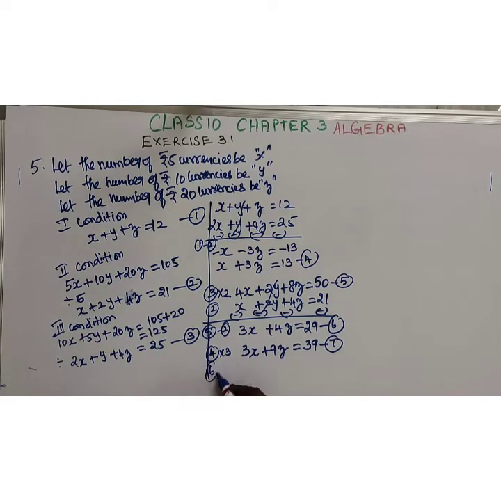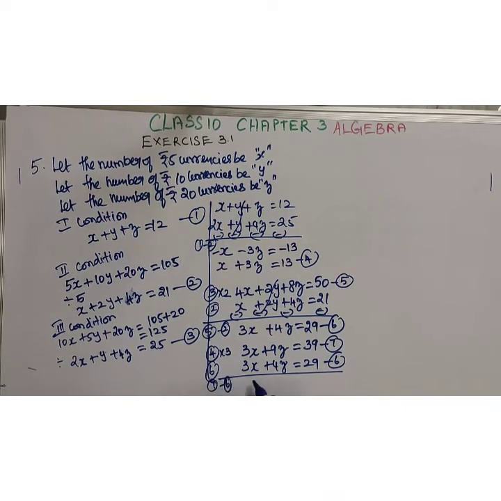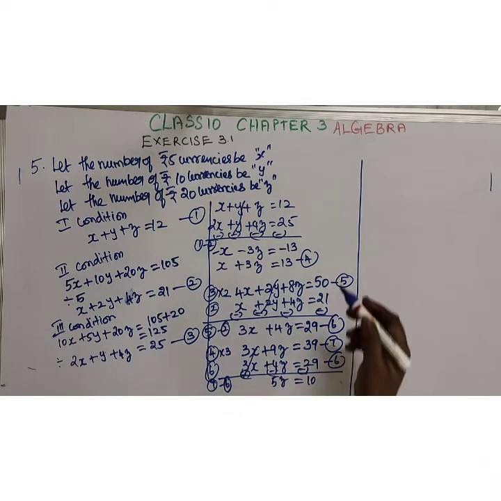Have the sixth equation as such. So 3X plus 4Z equal to 29. Now signs are same. So subtract the sixth equation from seventh equation. Change the sign. 3X minus 3X get cancelled. 9Z minus 4Z, 5Z, that is equal to 39 minus 29, 10.